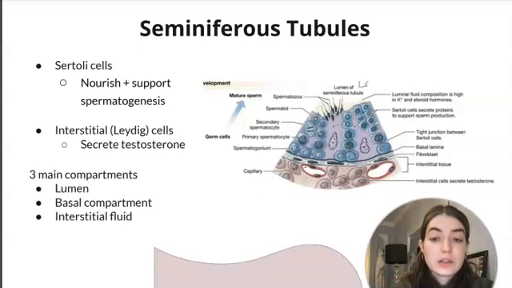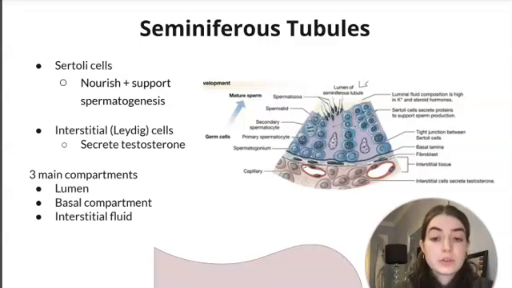They manufacture and secrete proteins such as inhibin, activin, growth factors, enzymes, and androgen binding protein to support sperm production. Androgen binding protein is secreted into the seminiferous lumen where it will bind to testosterone. And then the interstitial or Leydig cells secrete testosterone and first become active in the fetus when testosterone is needed for development of male characteristics.